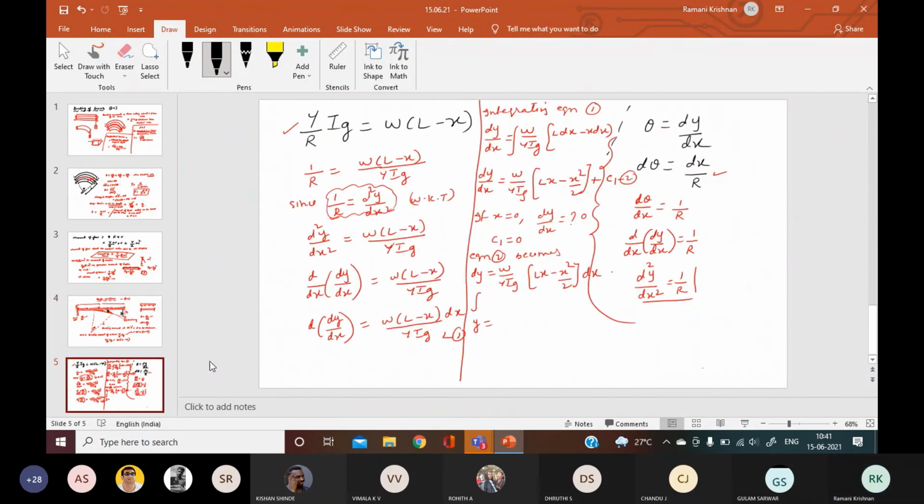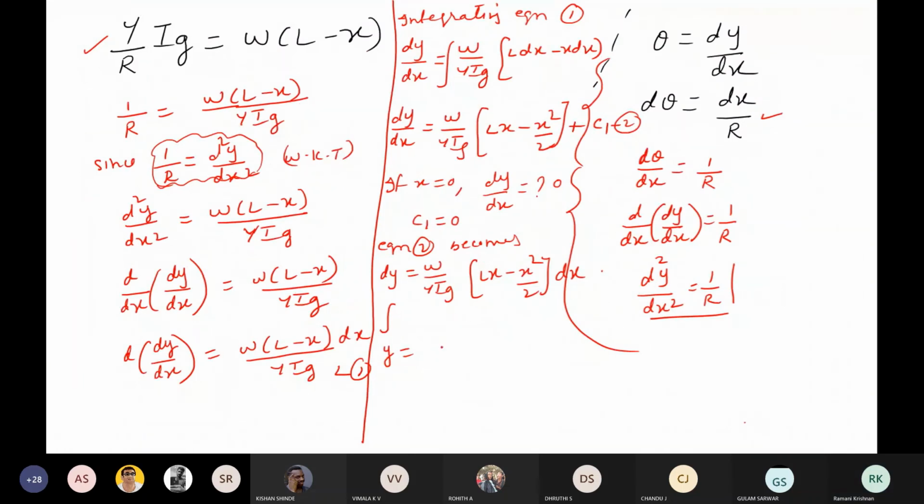Since dy is there, I integrate and get y. So I'll get w by YI, and then the integral of L x dx minus x cube by 3.